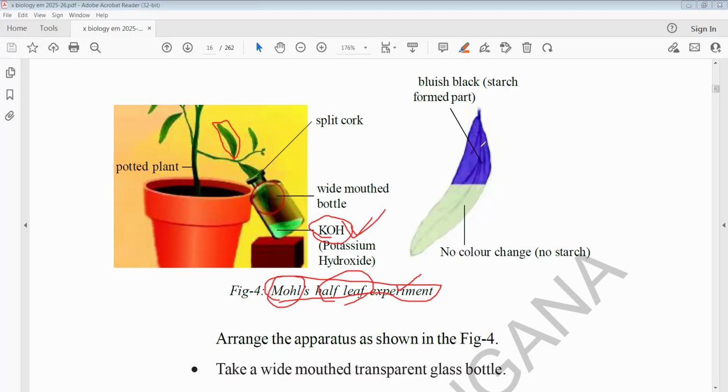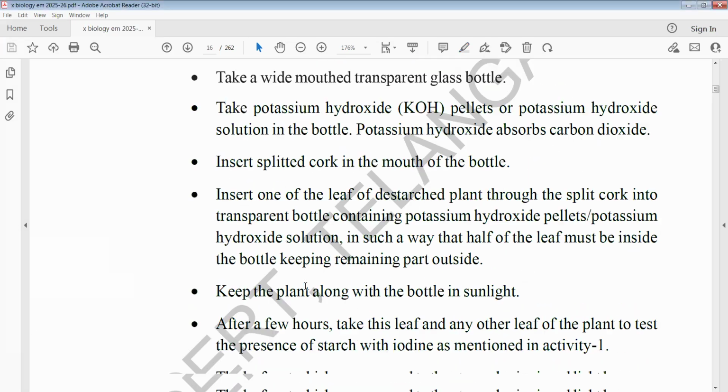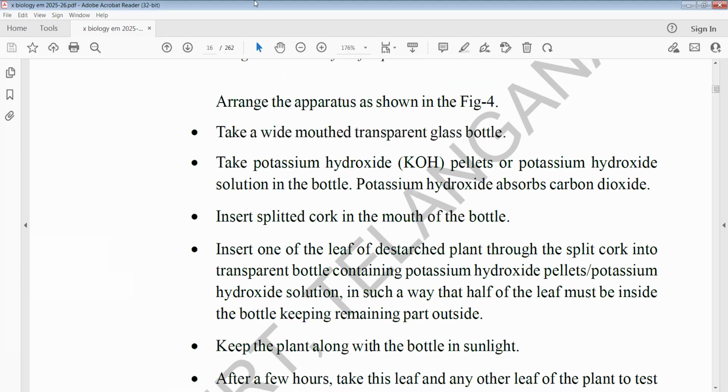By this we conclude that carbon dioxide is essential to carry out photosynthesis. Keep in mind the role of KOH: to absorb the carbon dioxide present in the wide-mouthed glass bottle.